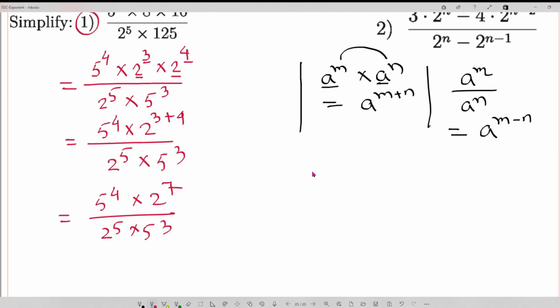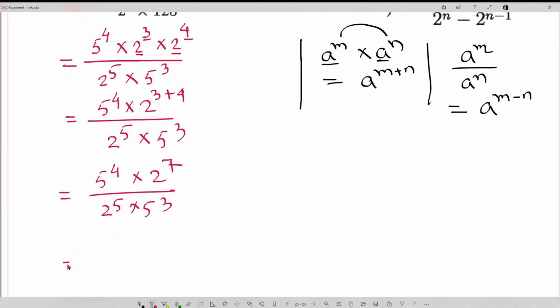Okay, now what can we do? Look, here base 2 and here 2, and this one is 5 and this one is 5. So we can write 5 to the power 4 minus 3 as per this rule, and similarly here 2 to the power 7 minus 5, because 7 is in the numerator and the denominator is 2 to the power 5.